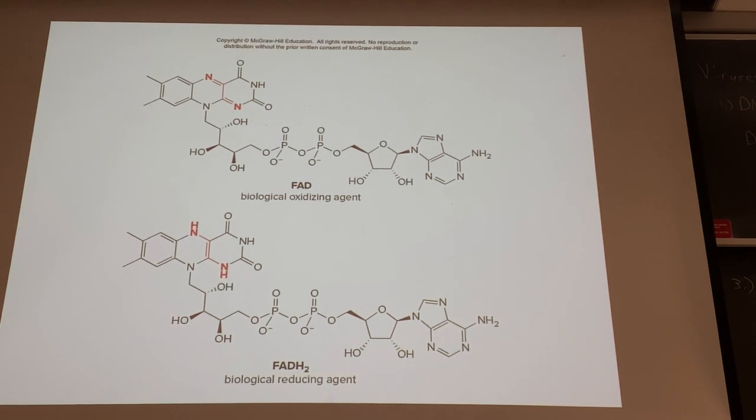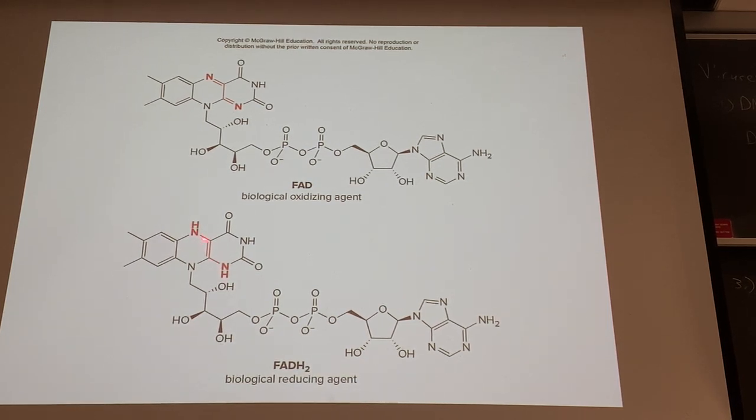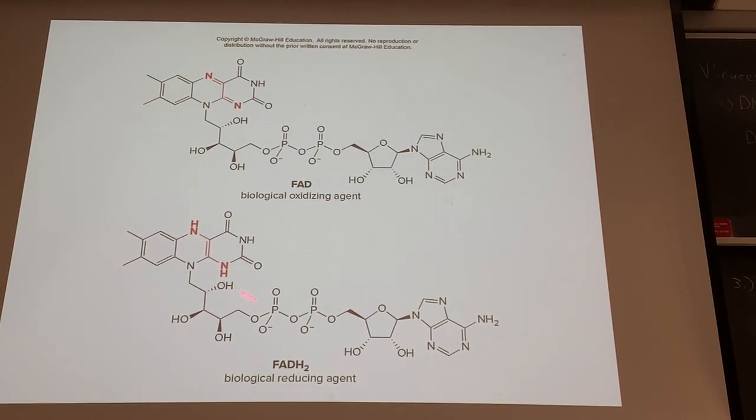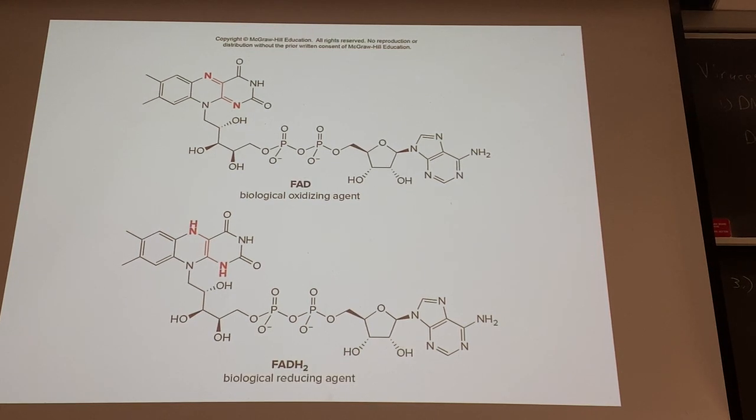Our second coenzyme system that performs oxidations in nature is FAD. That's the oxidant, and FADH2 is the reducing agent. And you can see FADH2 is the reduced form of FAD. Why? How do we tell it's reduced? It has more hydrogens and fewer pi bonds.